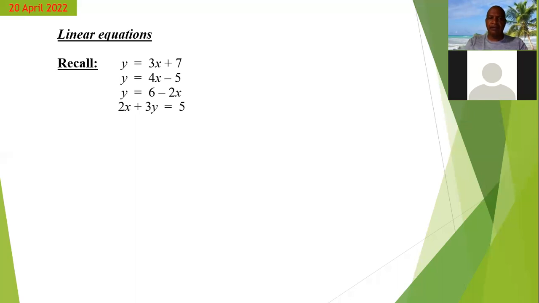When you have the linear equation in that form, that's a general form that we call the y-intercept form.